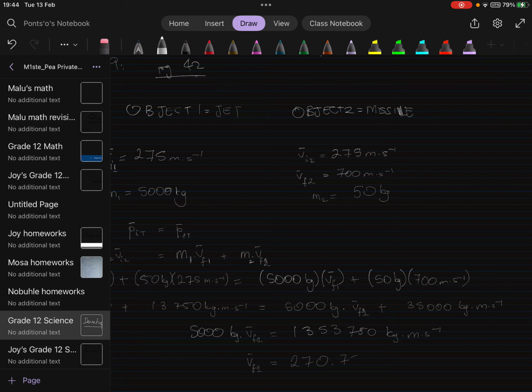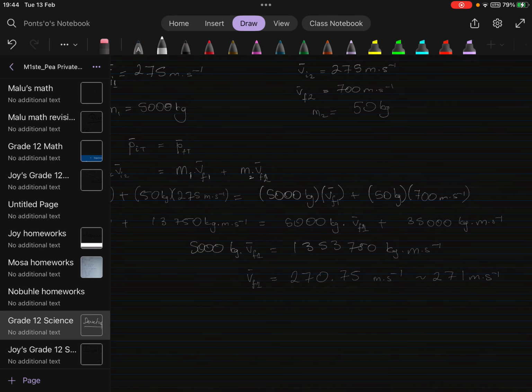And the final velocity of object 1, or the jet, is 270.75 meters per second, roughly 271 meters per second. And it's in the original direction, there's no change in direction.